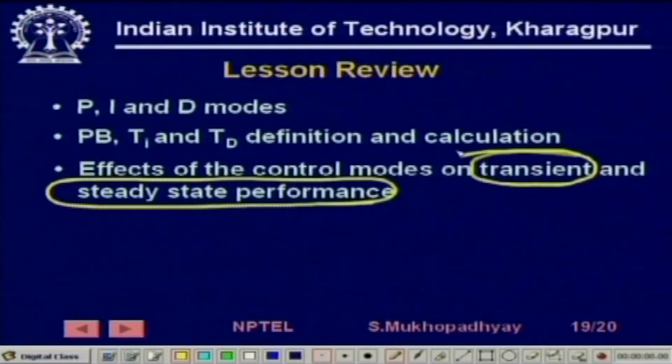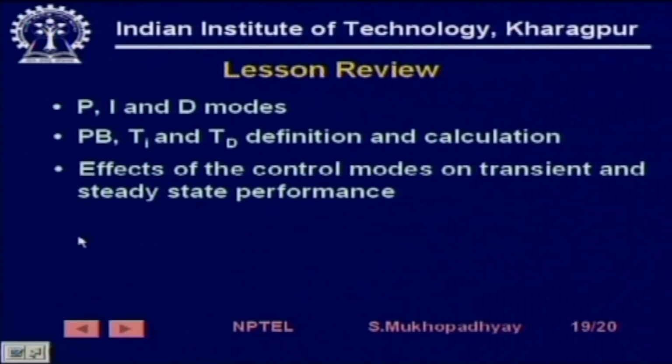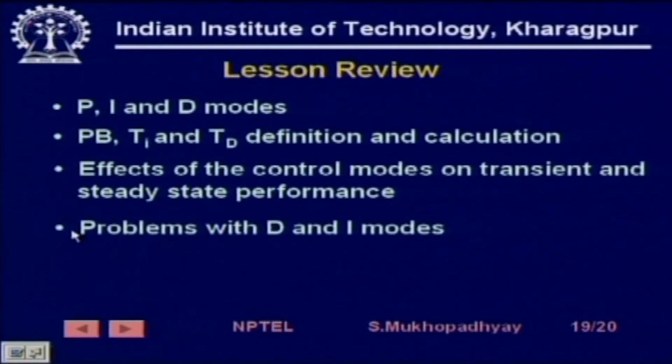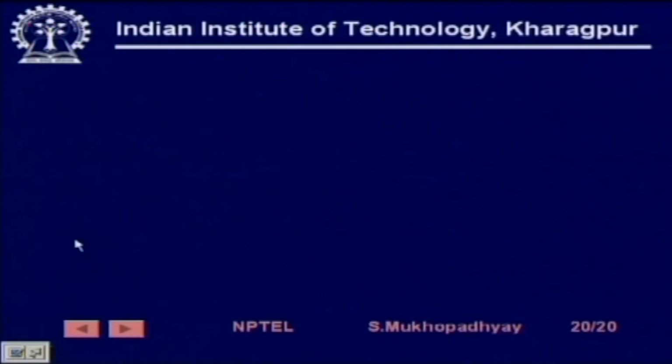So, some effects of these control modes on performance are discussed. That is, these problems with D and I modes we have discussed, and finally, we have also discussed a digital realization. Now, let us look at some points to ponder, whose answers, just like earlier lessons, you will find within this presentation itself if you look carefully.